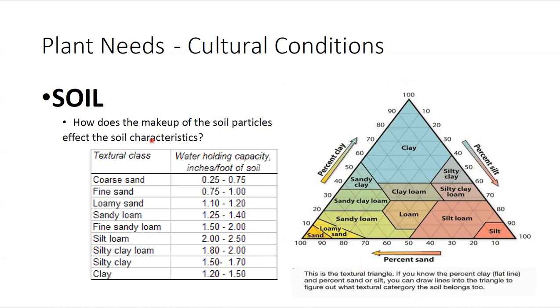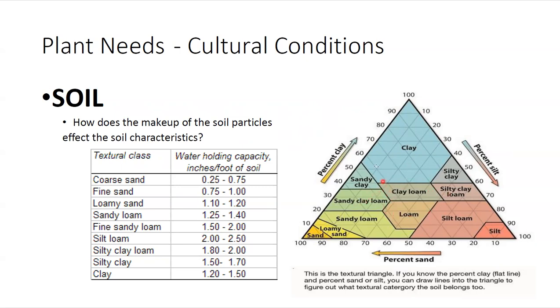Some prefer high organic matter, well-draining soils. In that case, you're going to get a sandy soil with high organic matter in it. There are some plants that prefer clay, not many. The majority of plants prefer some sort of loam.